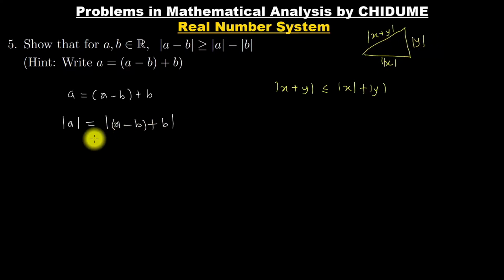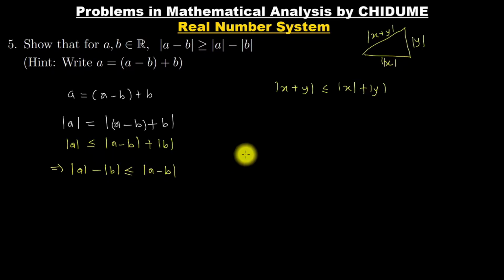So if I apply the triangular inequality here, this will be less or equal to the absolute value of a minus b plus the absolute value of b. Don't forget that we have the absolute value of a here. And if I bring the absolute value of b to the other side, I'm going to have the absolute value of a minus the absolute value of b less or equal to the absolute value of a minus b.